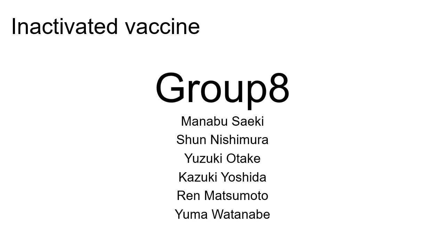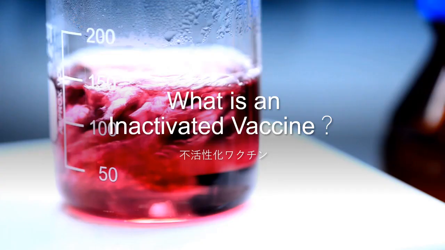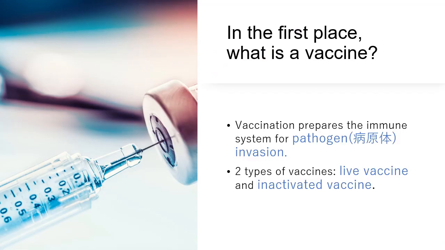Now I'm going to talk about inactivated vaccines. In the first place, vaccines are drugs that prevent infections by inoculating the body with a portion of a pathogen whose toxicity has been completely eliminated or weakened, so that the immune system is prepared for the next invasion of the pathogen.